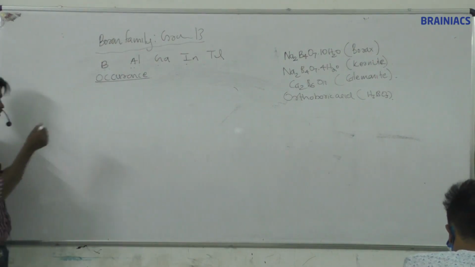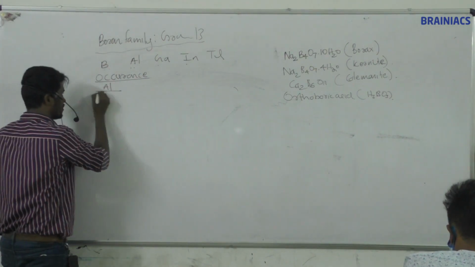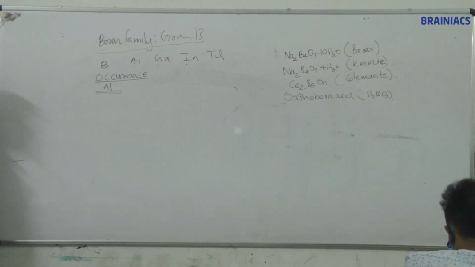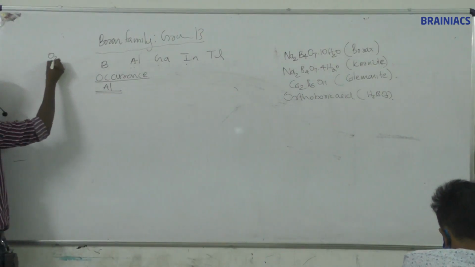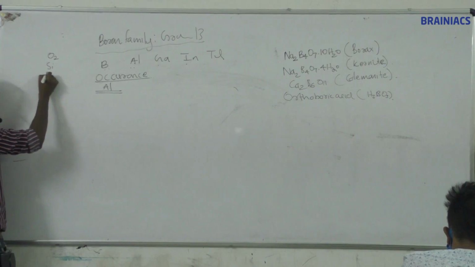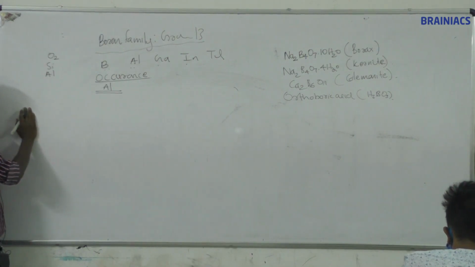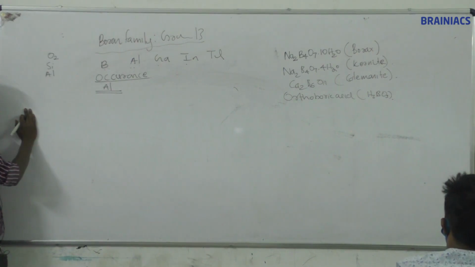Okay, next one, aluminium. What is the first most abundant element in earth crust? Oxygen. Second one is silicon. Third one is aluminium. Oxygen is a metal or non-metal? Non-metal. Silicon? Non-metal. Aluminium? Metal.